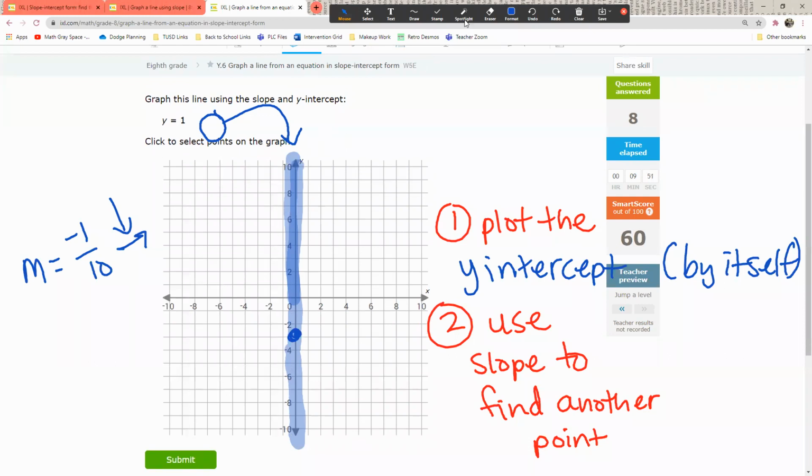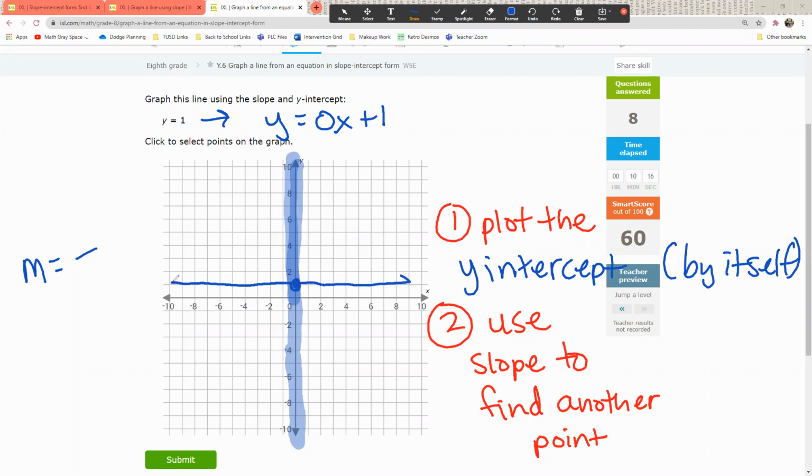So I'm still paying attention to the y-intercept here. This one is definitely one that tricks a lot of kids. This is really saying y equals 0x plus 1, right? Because there's no x's. So I'm starting at 1, and then my slope is 0. So hopefully you remember that a 0 slope means it has no tilt.